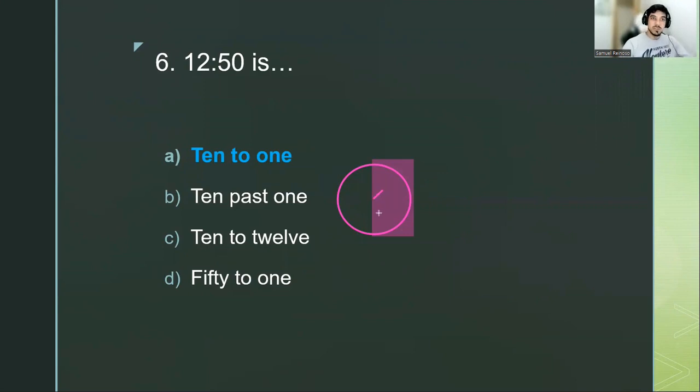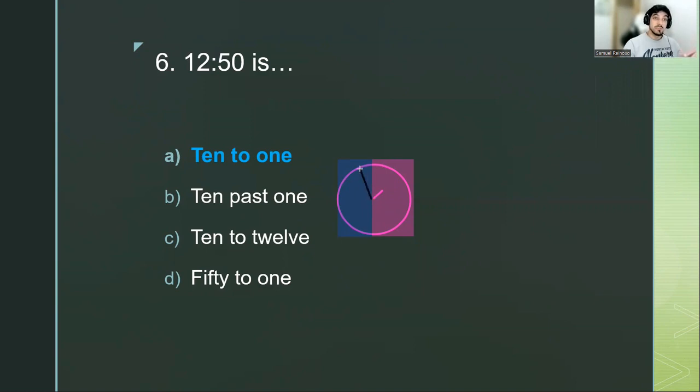It is 25, it is 20, it is 10, it is 5, okay? But if what we are talking about is the left part of the clock, so this part, then we don't count the minutes like that. Okay, what we say is what is left. Contamos lo que queda. Okay, in this part, contamos lo que queda.